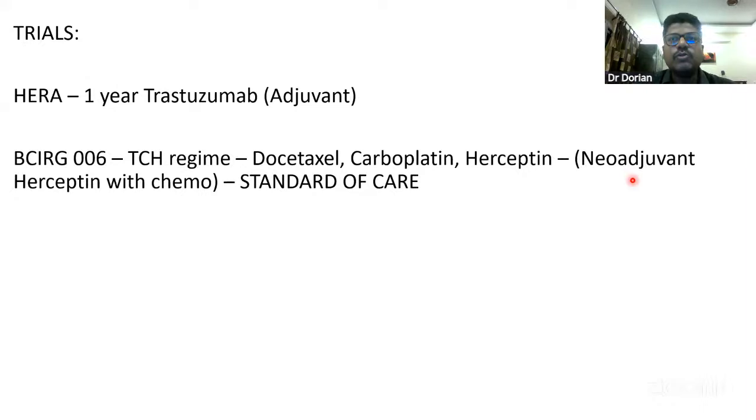So the neoadjuvant regimen followed in a case of HER2 positive breast cancer, nowadays standard of care from the last 6 to 8 months, is BCIRG-006 trial-based TCH regimen. T stands for docetaxel, C stands for carboplatin, H stands for Herceptin. The landmark trial which gave this regimen was BCIRG-006. It is the current standard of care for neoadjuvant Herceptin.